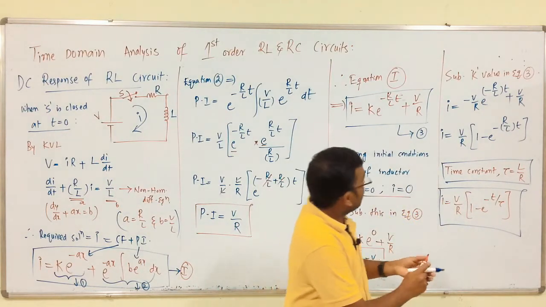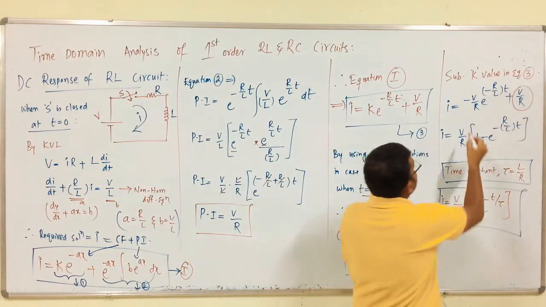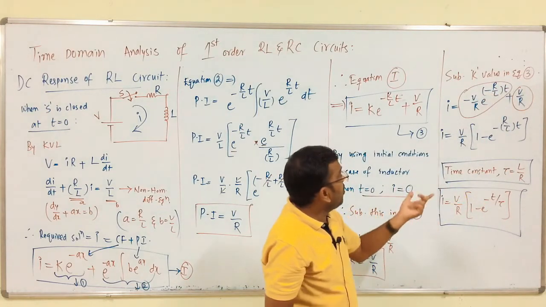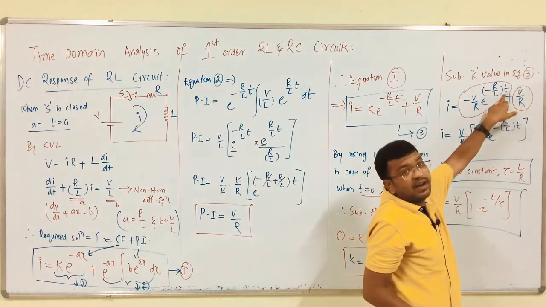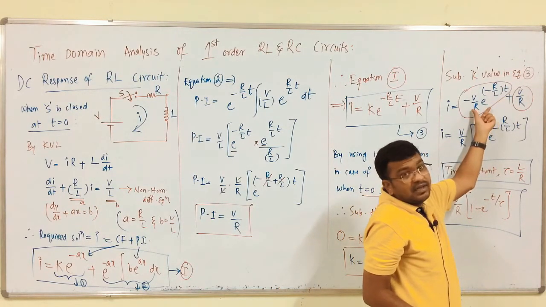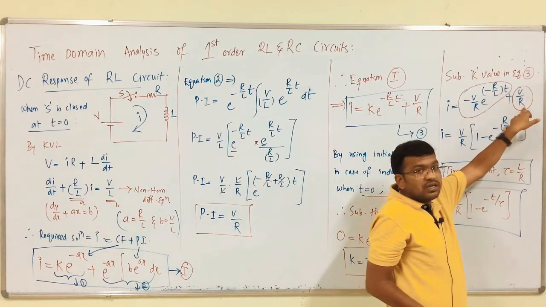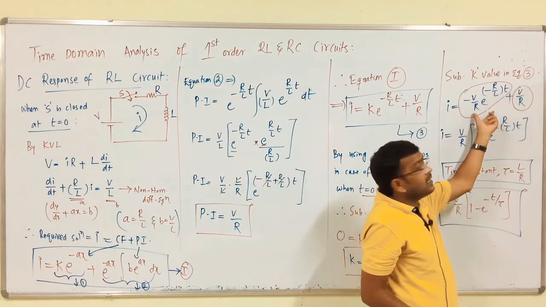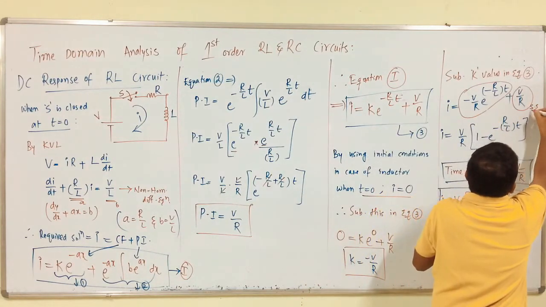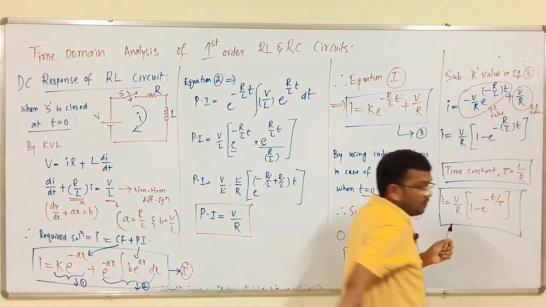So, here see, this is the steady state value, and this value is nothing but the transient value, because we are going to change the value of time, no. By changing the value of time, we are going to get different values of this portion, but this value is constant. So, this is the steady state value, this is the transient state value.